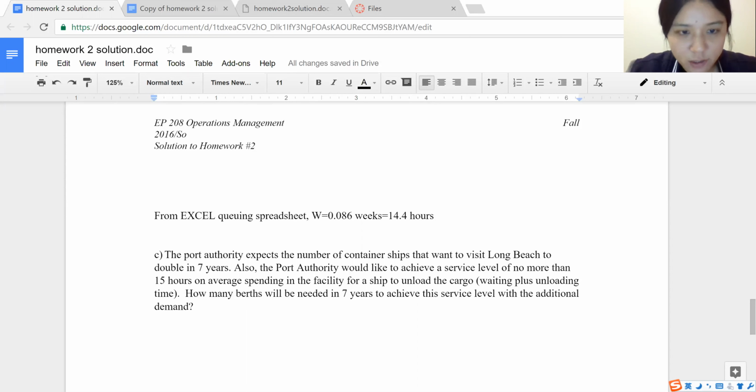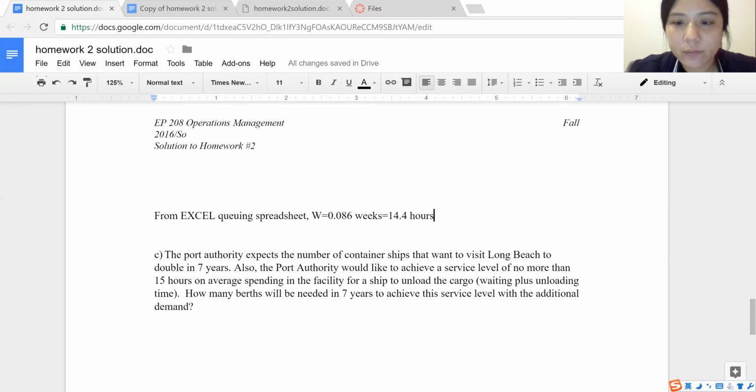Also, the Port Authority would like to achieve a service level of no more than 15 hours on average spent in the facility for a ship to unload the cargo. How many berths will be needed in 7 years to achieve this service level with the additional demand?